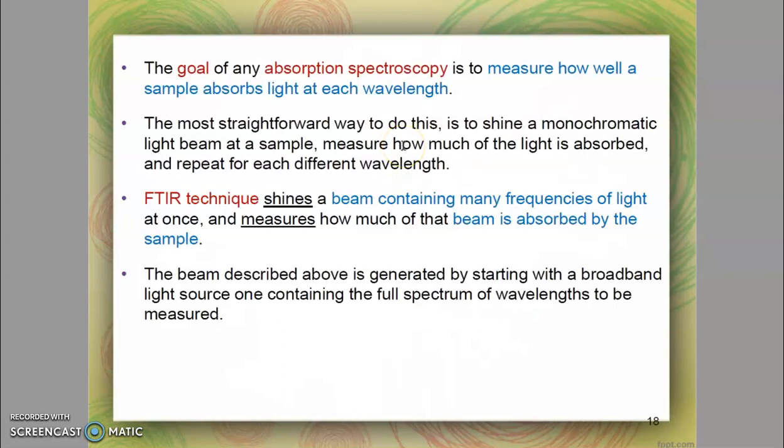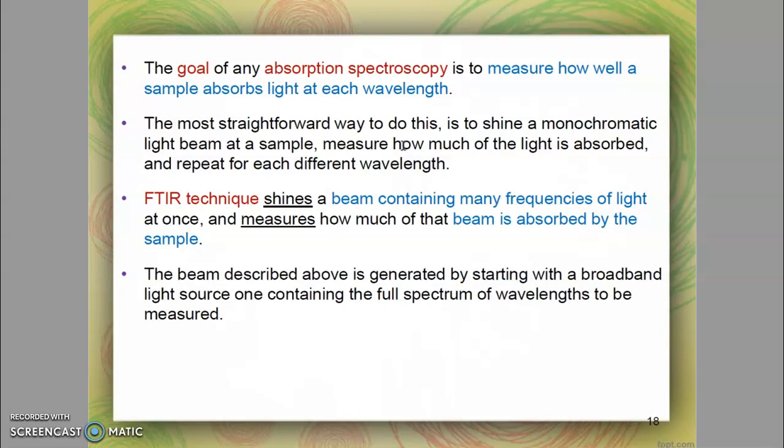The goal of any absorption spectroscopy is to measure how well a sample absorbs light at each wavelength, since the source produces a wide range of wavelengths. The most straightforward way to do this is to shine a monochromatic light beam at a sample, measure how much of the light is absorbed, and repeat for each different wavelength.